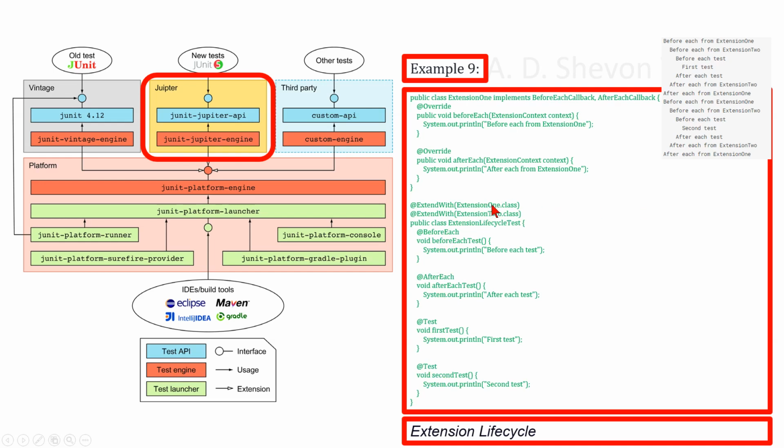Given extension 1 and extension 2, it is guaranteed that the before callbacks of extension 1 execute before extension 2. Similarly, it's guaranteed that the after callbacks of extension 1 execute after extension 2.